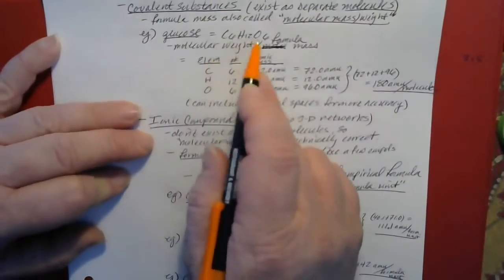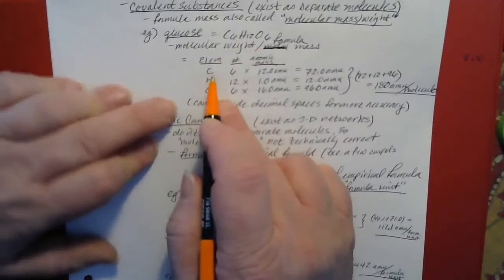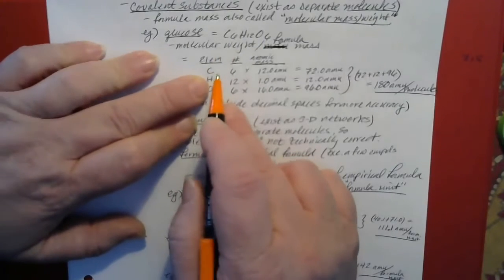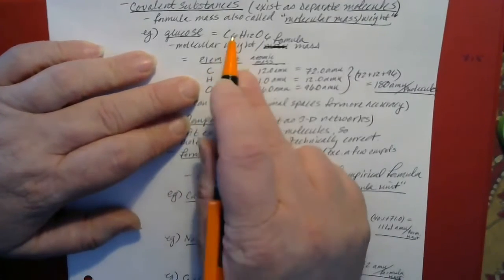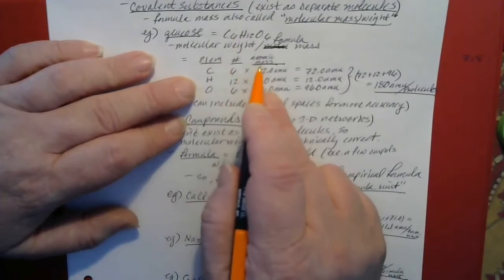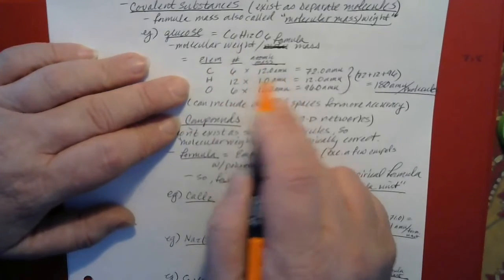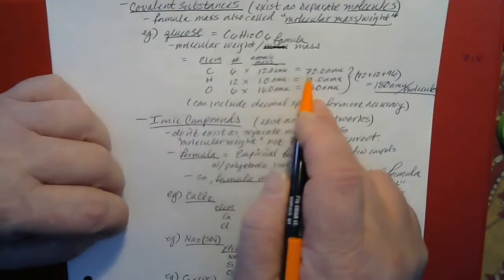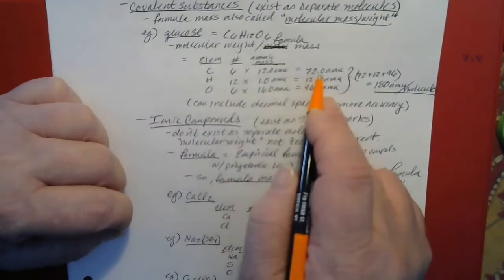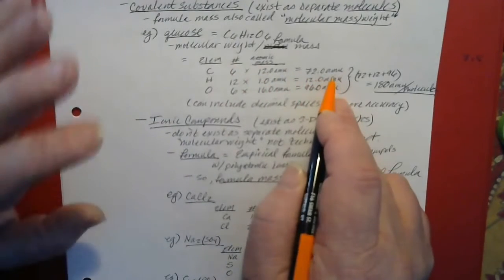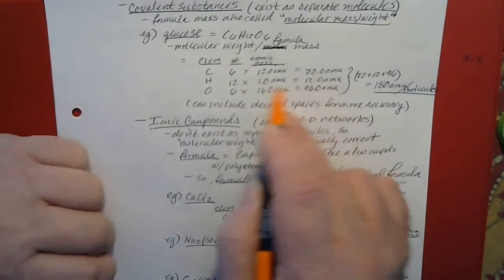So if you have C6H12O6, you can look at each of the elements separately. For carbon, you've got 6 of them in the formula. And the atomic mass of carbon from the periodic table would be 12 atomic mass units per atom. And 6 times 12 is 72 atomic mass units for the carbon in each molecule.